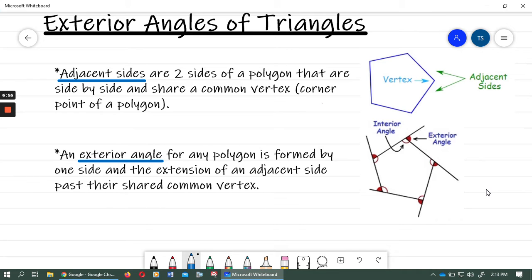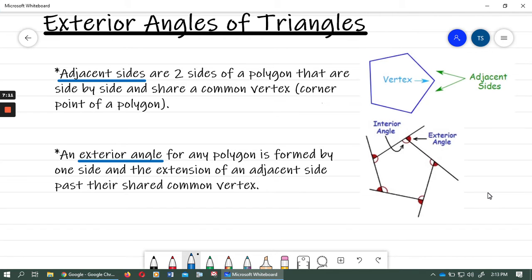Alright, so folks, here we go. An exterior angle. Now I know this video is about exterior angles of triangles, but an exterior angle is something that exists for any polygon.